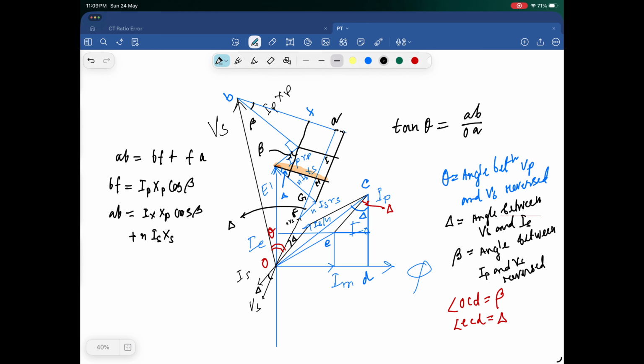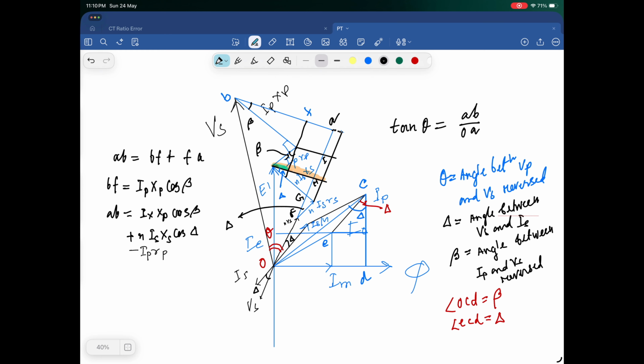Next we have to subtract 2 segments again. So minus this green area, Ip Rp cos beta, Ip Rp sin beta and Is Rs sin delta.